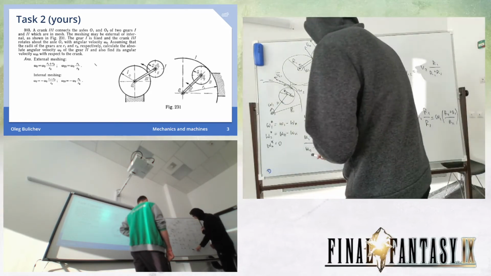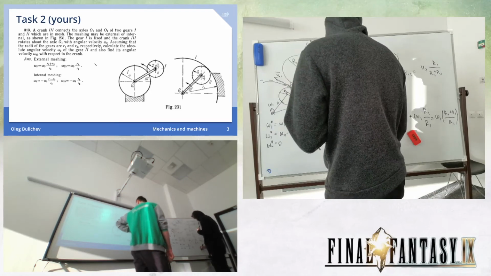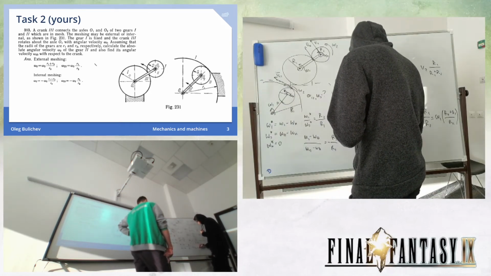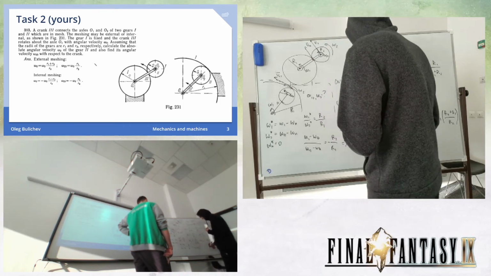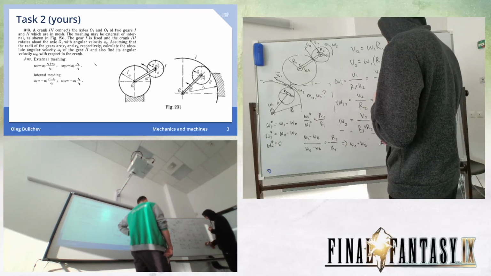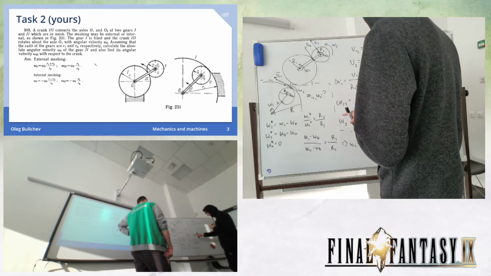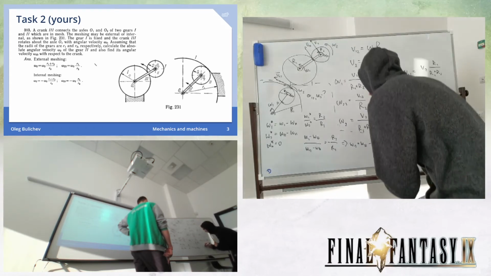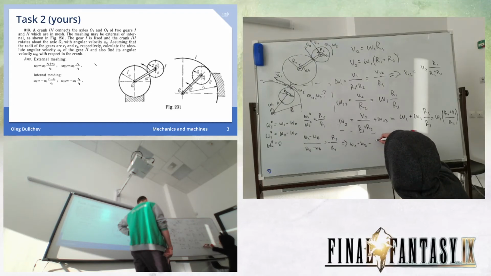We need to extract V1, 2. So V1, 2 equals VH, then divided, minus R1 R2 V1 minus VH.